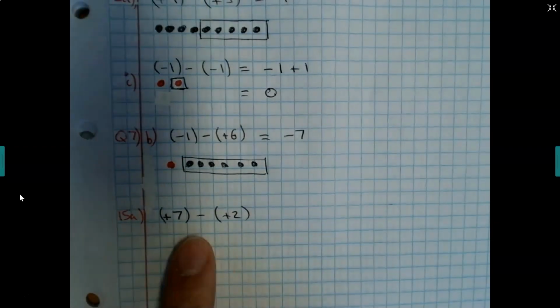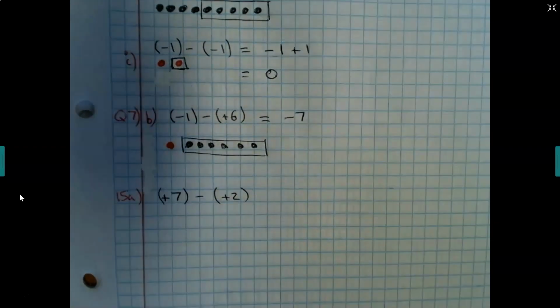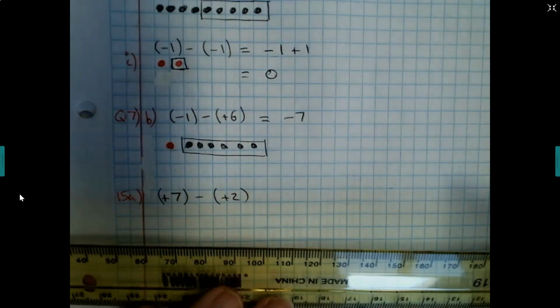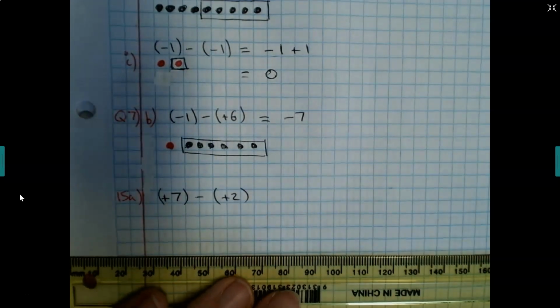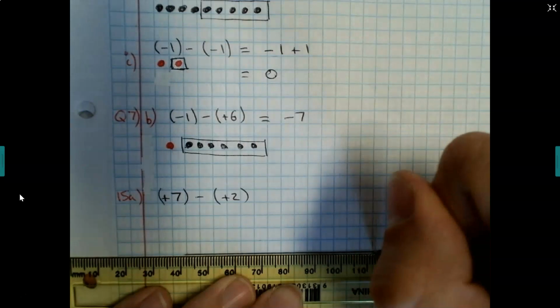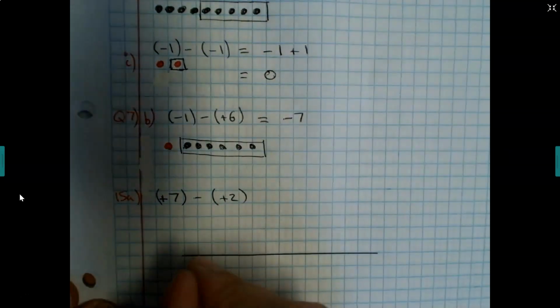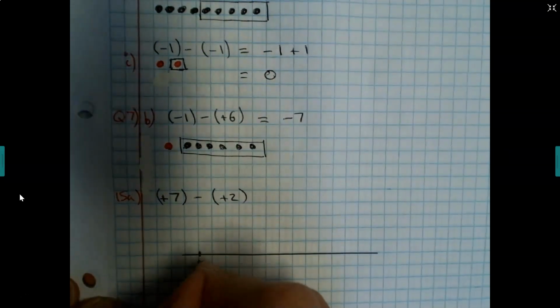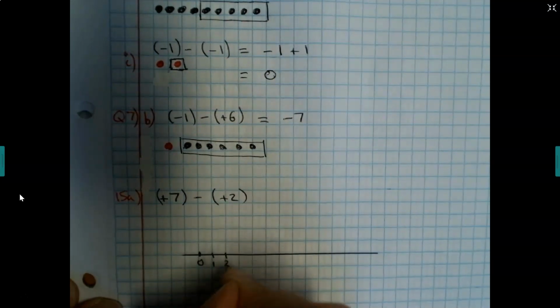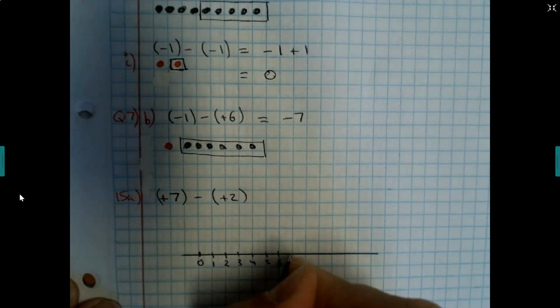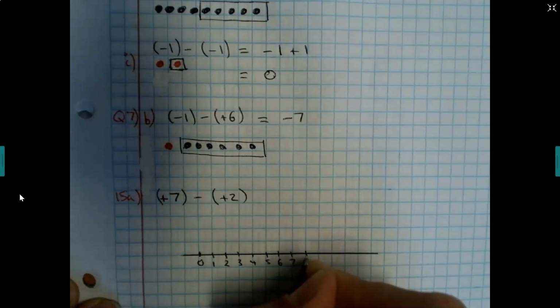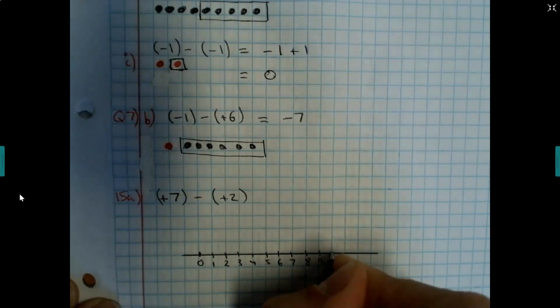Alright, so I've got +7 minus +2. Start out by drawing our number line. I've got 0, 1, 2, 3, 4, 5, 6, 7, 8, 9, 10.